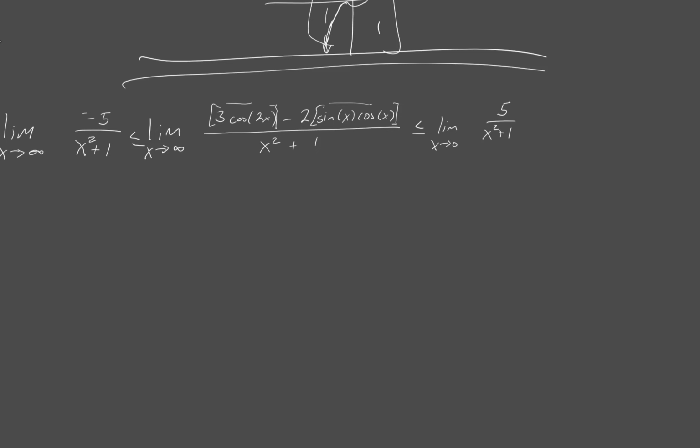And this looks like a constant value divided by something that gets really, really big as x gets big, right? So this is going to go to 0. This is also going to go to 0. And so this thing in the middle has to go to 0.